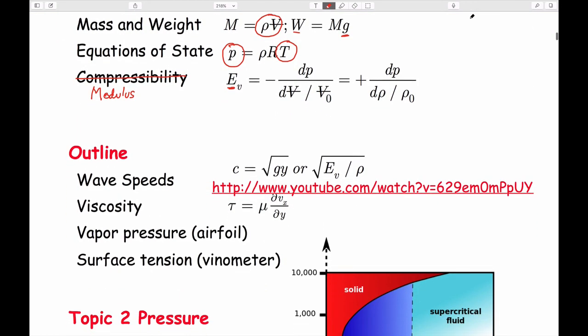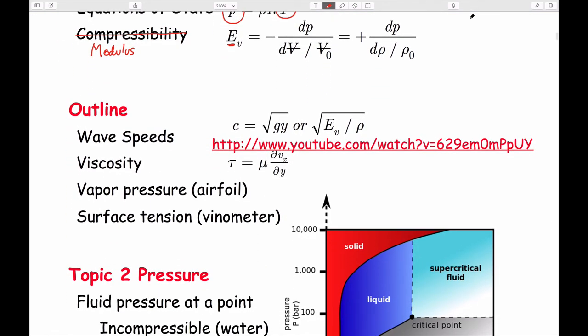So it may seem a little esoteric that we talked about compressibility and what it means, but it actually turns out to be important in terms of talking about wave speeds, which we'll talk about first. And unrelated to that, we'll talk about viscosity with more depth.